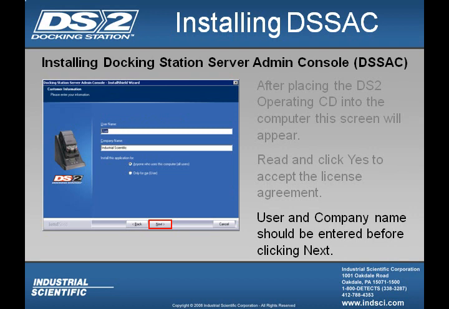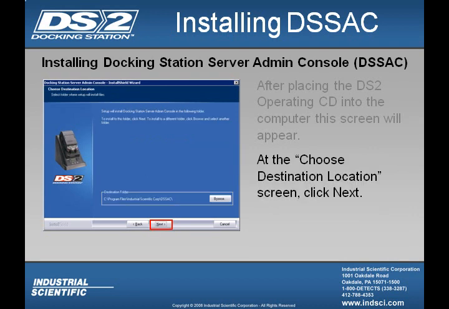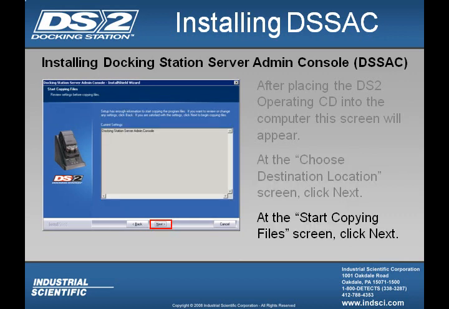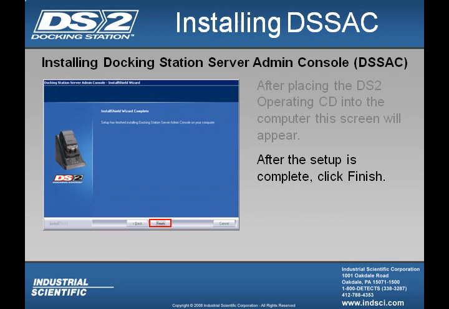Now you should enter the user and company name before clicking Next. At the Choose Destination Location screen, click Next. And at the Start Copying File screen, also click Next. After the setup is complete, click Finish.